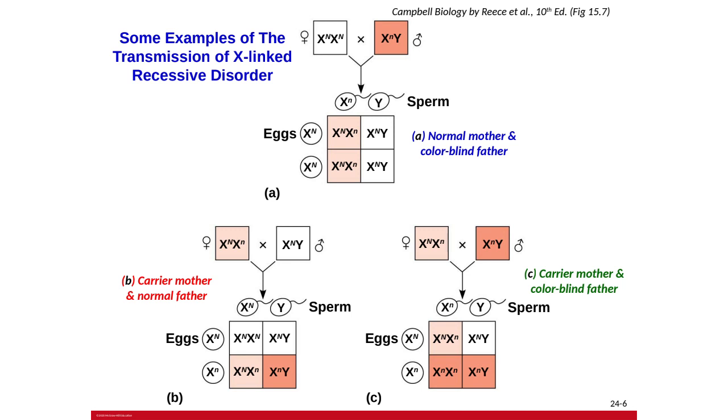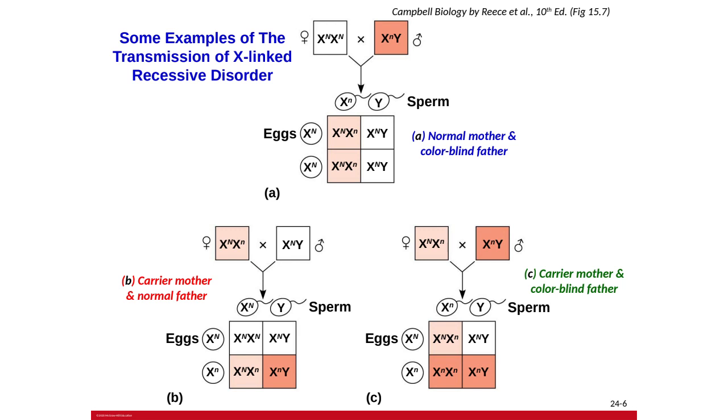Okay, so we can imagine what kind of gametes these two would have. The male can make Y gametes, and he can also make gametes which are X small n. Now, the female can make only X big N and X big N, right? So if we look at the outcome of this cross, then we see that the male can't pass the gene on, even though he's colorblind.